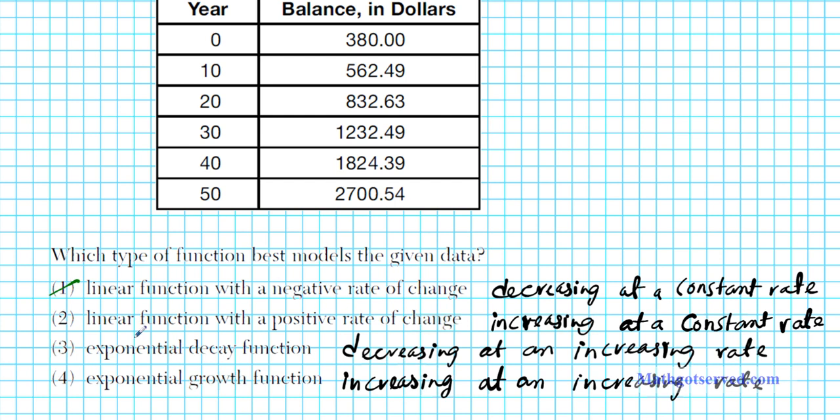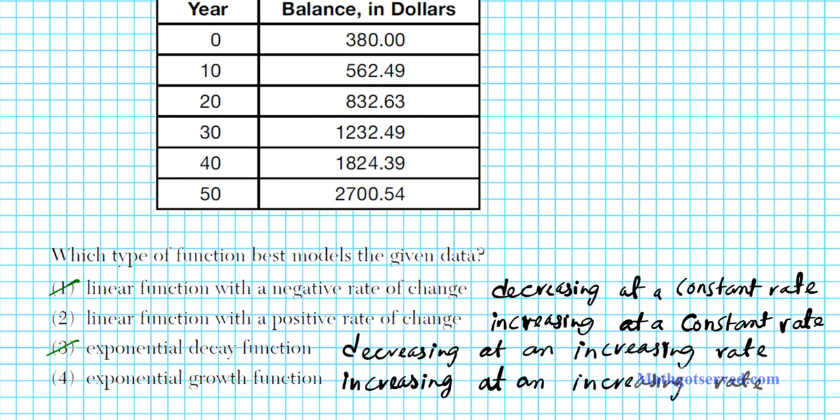Decay, take that out. So it's either option 2 or 4. They are both increasing. What's going to tell us is the rate of increase. If it's constant for all the years from 0 to 50, then our answer will be option 2. But if it's increasing, then our answer will be option number 4.